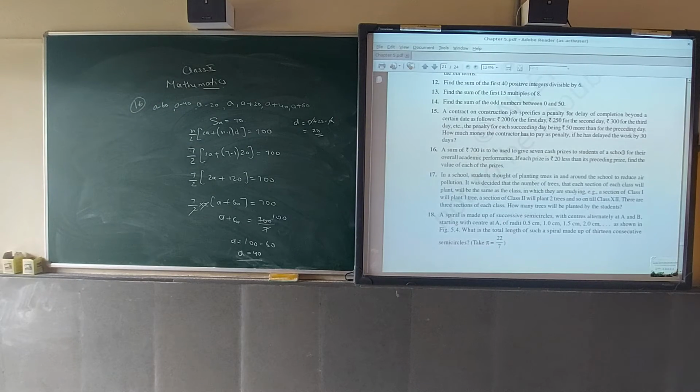Now 700 divided by 7 equals 2a plus 60 minus 20.